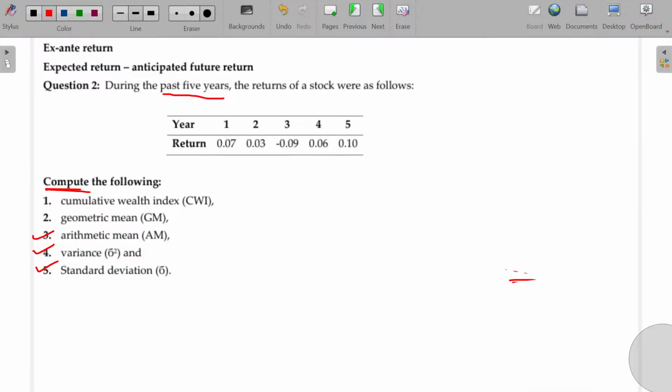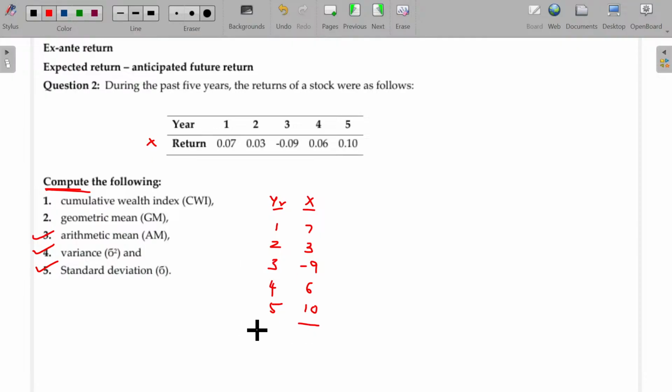Let's see now. For the calculation of mean, it's only average, right? So, year 1, 2, 3, 4, 5. Now what about the return? The return can be assumed to be X here. So 7%, I can convert that into percentage. 7%, 3%, and minus 9%, 6%, and 10%.